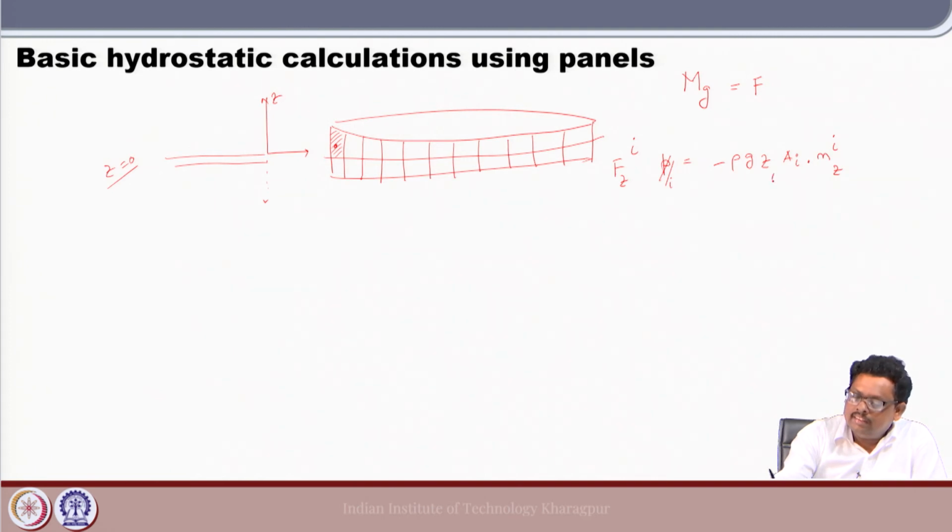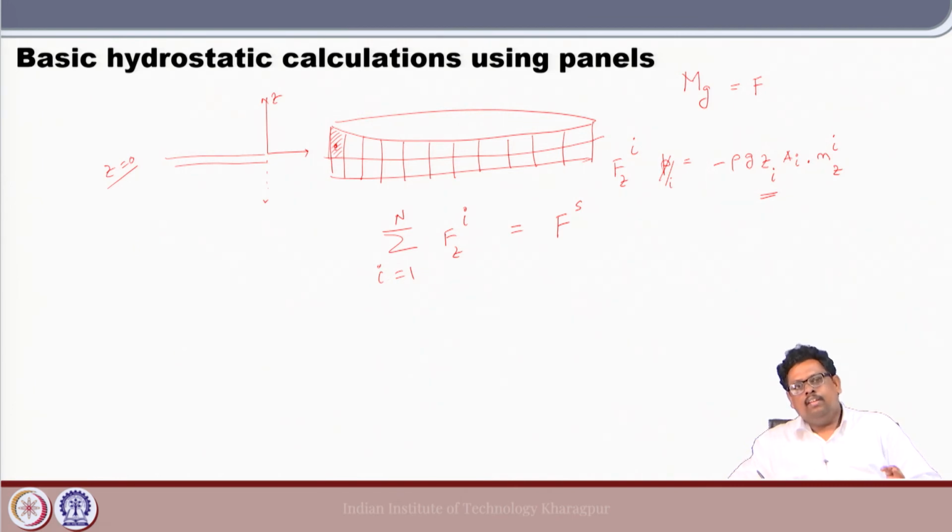So I just use minus rho g Z_i of this particular panel, multiply by the area of this particular panel, and then multiply by the normal component, that means the projection again. Then if I add, from i equal to 1 to n, this F_Z_i gives me the total static force.